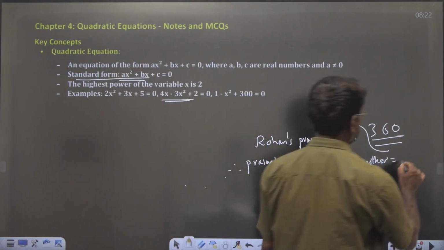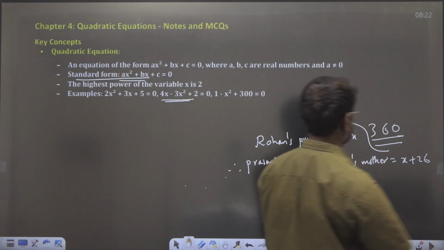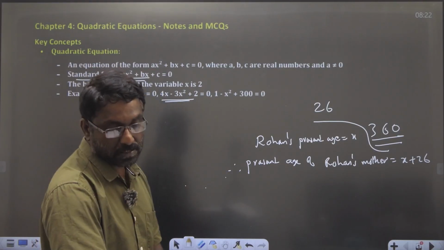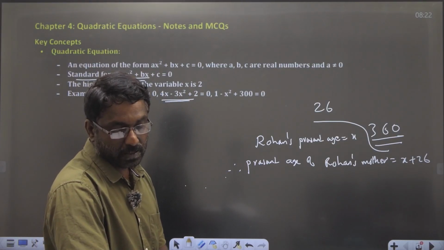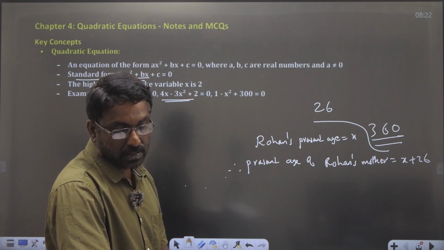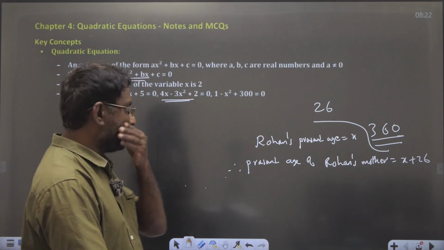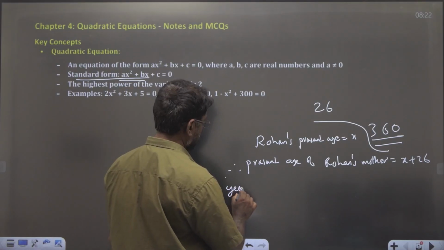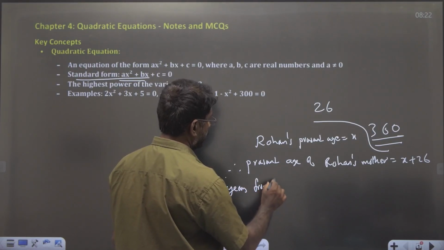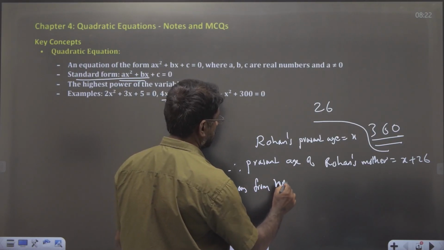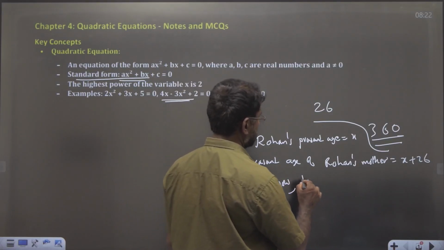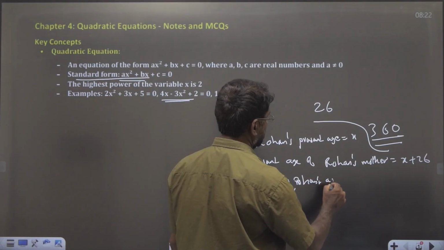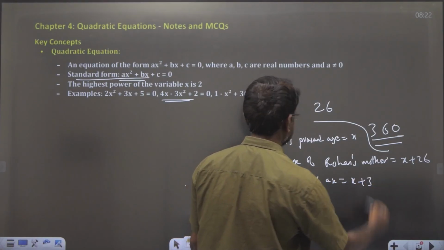26 years older, that is x plus 26. This is Rohan's mother's present age. Then again, as per the question, 3 years from now, Rohan's age will be x plus 3.